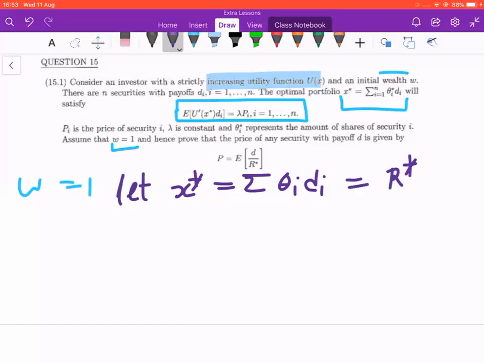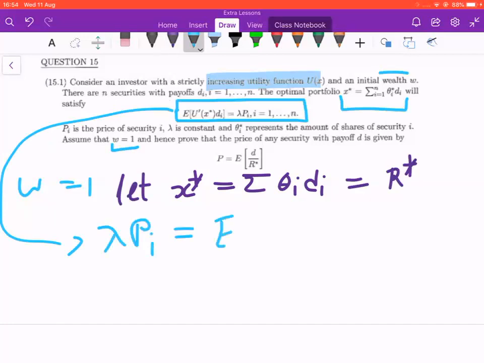If this is the case, we know from this equation over here that you can write lambda I is going to be equal to the expectation of the first derivative of X star times d I, right?